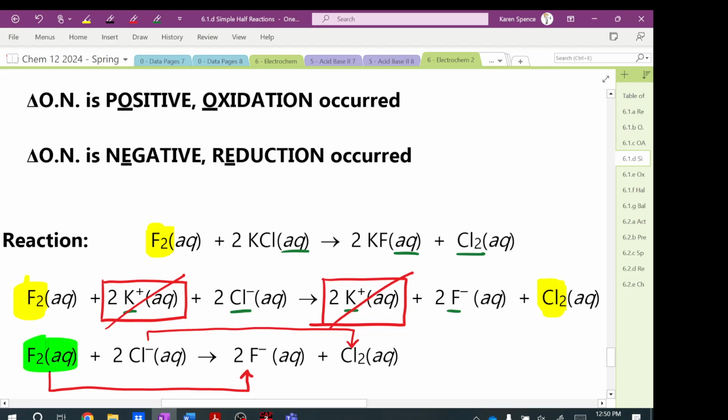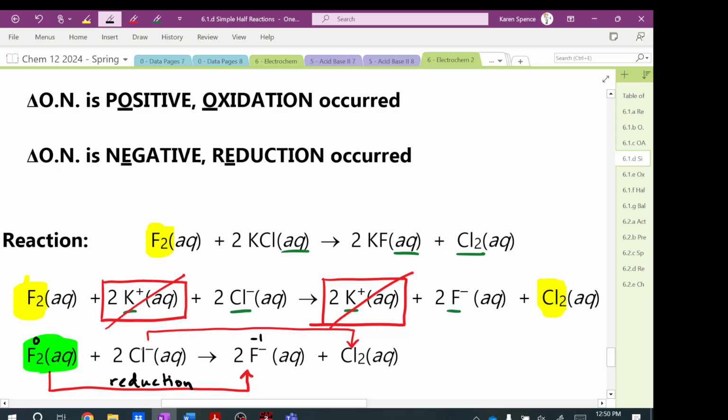Is F2 being oxidized or is F2 being reduced? It's being reduced. It goes from an oxidation number of 0 because it's an element on its own to an oxidation number of -1. Okay, so it got smaller, so that is reduction.